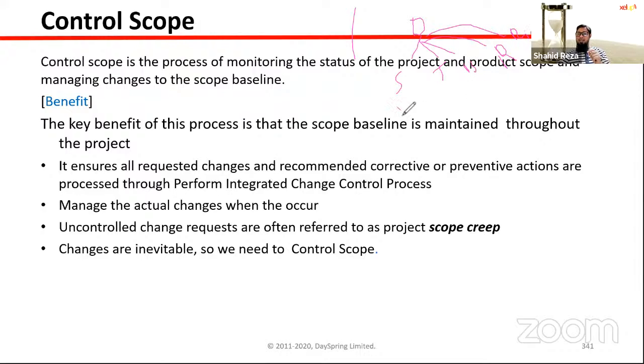After analyzing this, the project manager and project management team ask for approval from the CCB, Change Control Board. If they approve, then only can you do the work. Otherwise, if you do the work, it will create scope creeping, and you should avoid that.